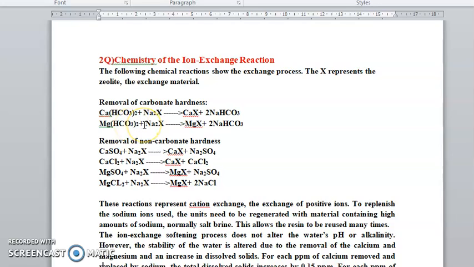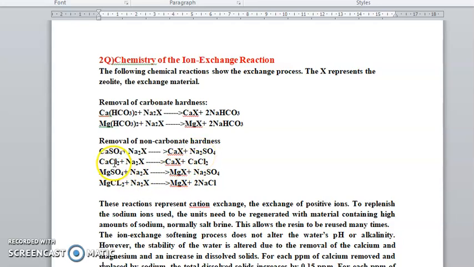Next one, Mg(HCO3)2 plus Na2X gives MgX plus 2NaHCO3. Now removal of non-carbonate hardness. CaSO4 plus Na2X gives CaX plus Na2SO4.